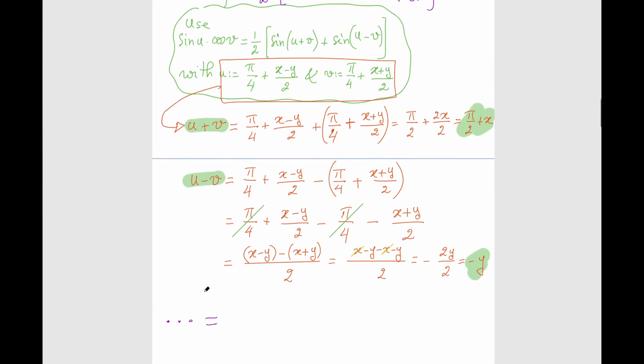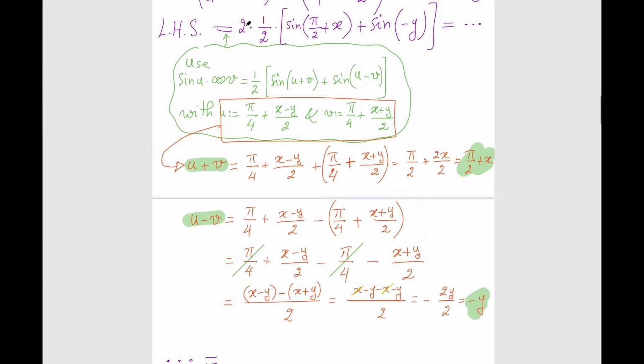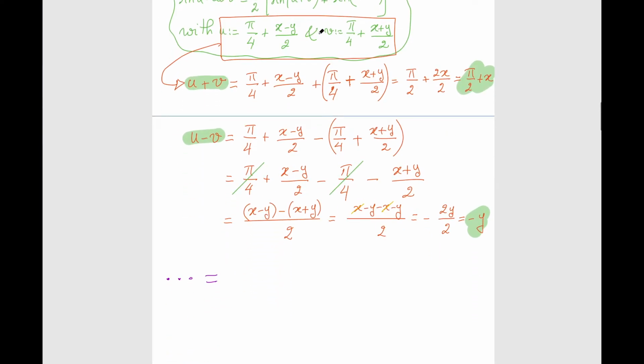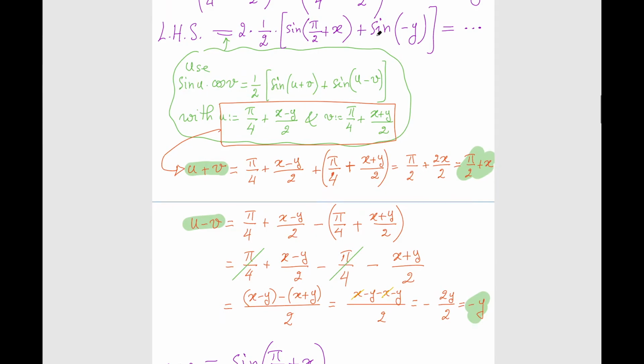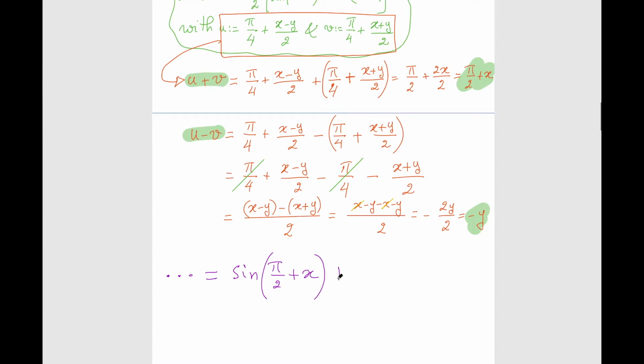So this is equal to 2 times half, that's 1, times sine of pi over 2 plus x, plus sine of negative y. Let me copy it for the moment. Plus sine of negative y.